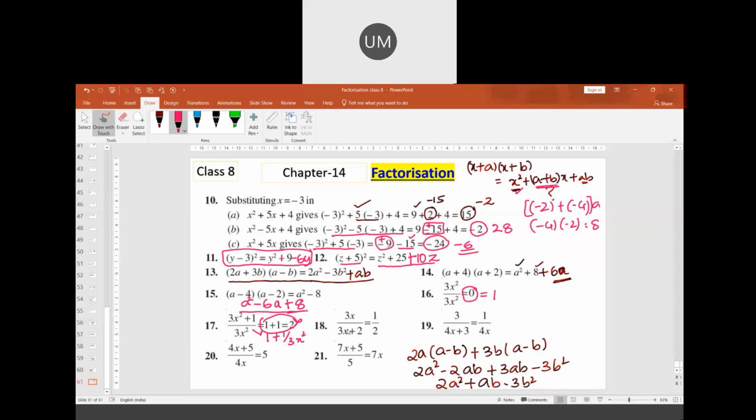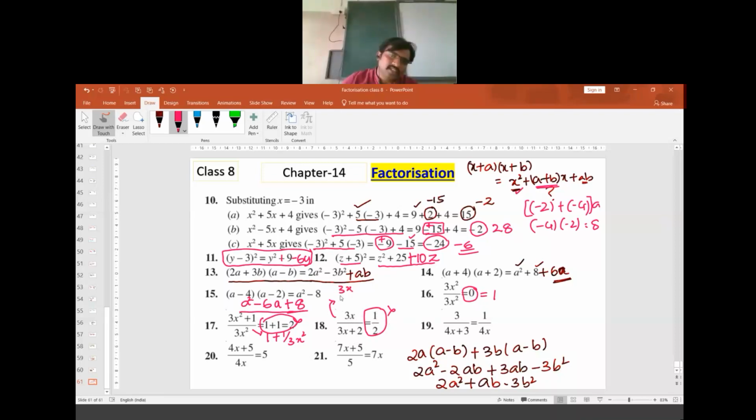Same way, this 3x should not be divided. We should get 3x by 3x plus 2. If you want to write in that format, it is 3x divided by 3x plus 2. That's it. Nothing else. You cannot do anything here.